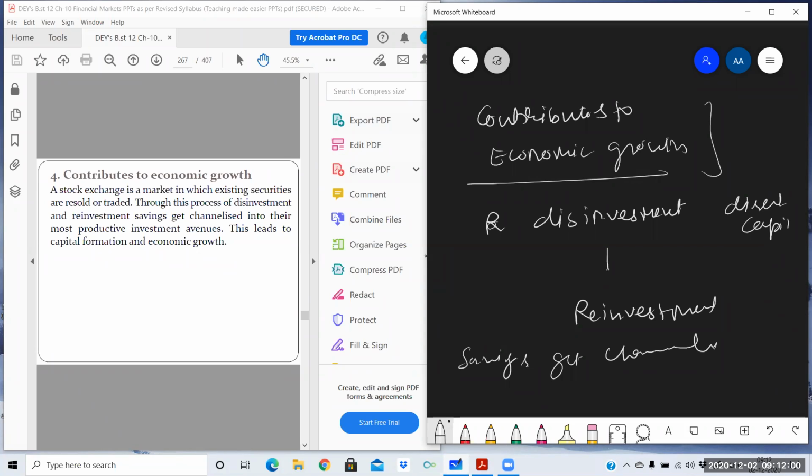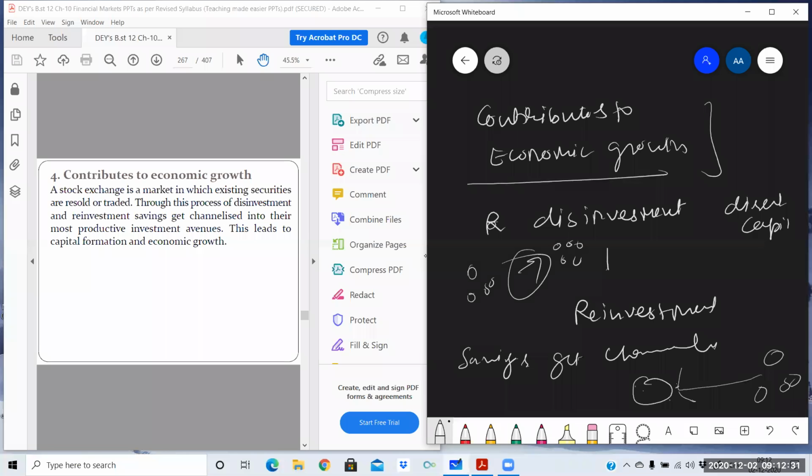How? In the primary market, this is the company and these are the investors. The company is issuing shares and investors are giving their savings to the company, and the company can use that money directly in production activity, expansion of the business, modernization of the business, or any other purpose. So it is giving direct capital formation. But here, when the investor is dealing in the stock exchange market, there is no involvement of the company. There are only the buyers and the sellers, and they are interacting with the help of the stock exchange.